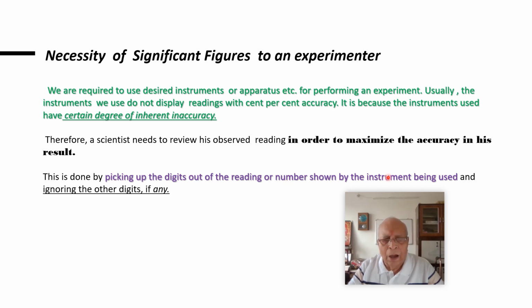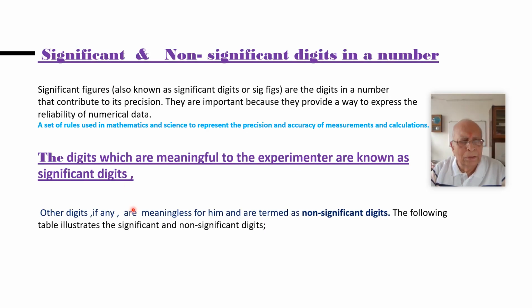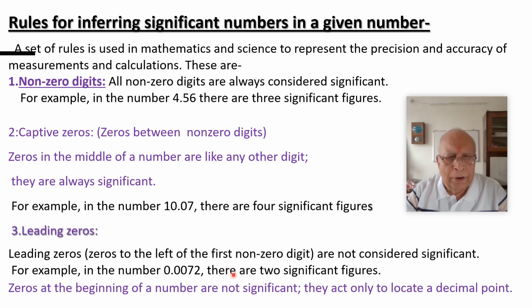Other digits are insignificant and they are to be ignored. Then what is meant by a significant digit in a number, a digit that is meaningful experimentally, the known and significant digit. All this I have explained earlier.